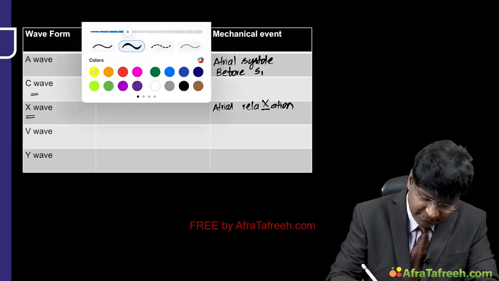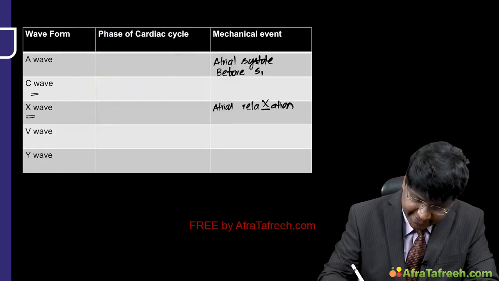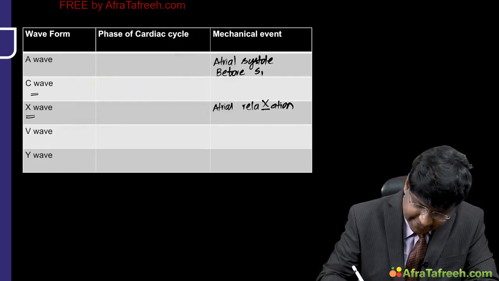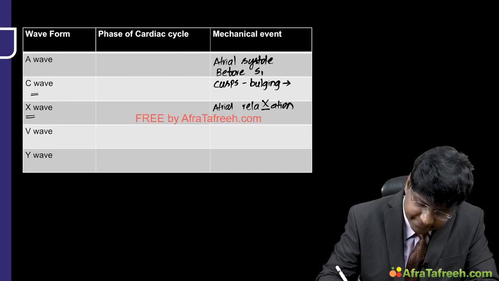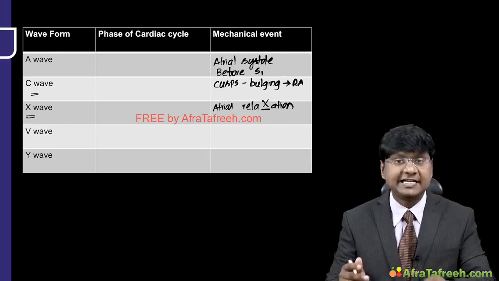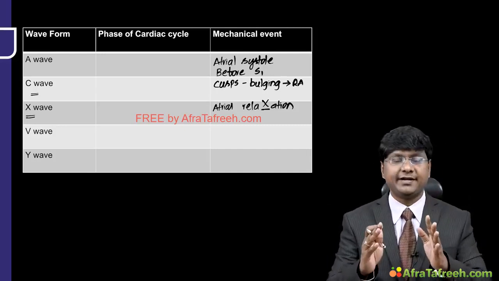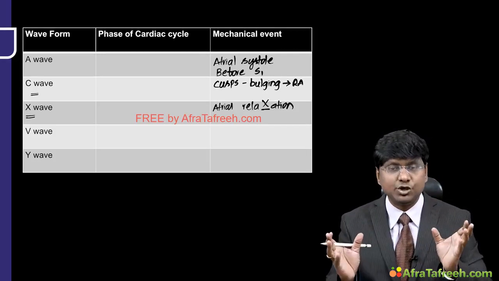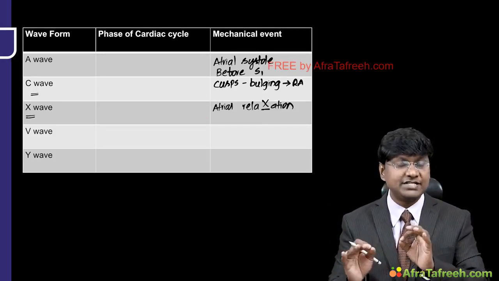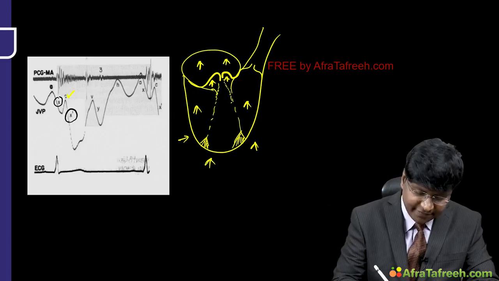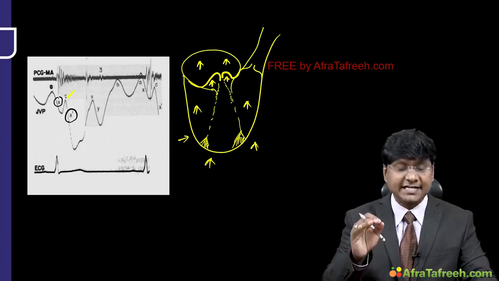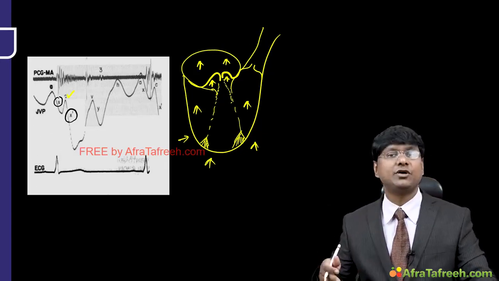The C wave tells you that the cusps are bulging into the right atrium. So the C wave is due to bulging of the tricuspid valve cusps into the right atrium, and it is present on the descent of the X wave.